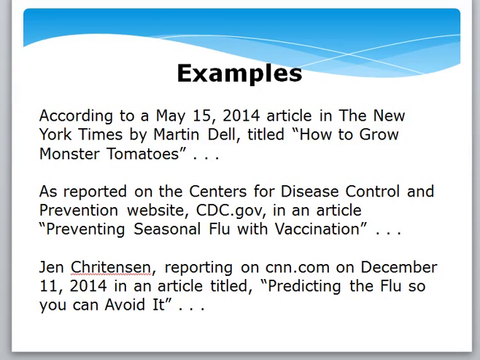So perhaps I just do a quick Google search, typing in Martin Dell, and I find that Martin Dell is a columnist for the New York Times who has degrees in agriculture and has been writing for the newspaper for 20 plus years. I could say a little bit of that information because that would help to increase Martin Dell's credibility.